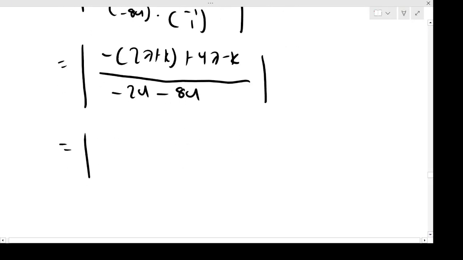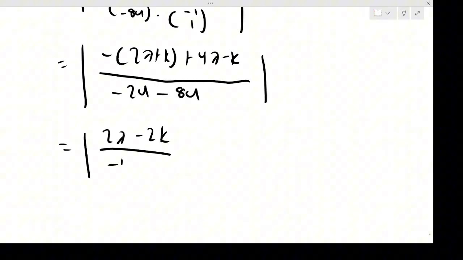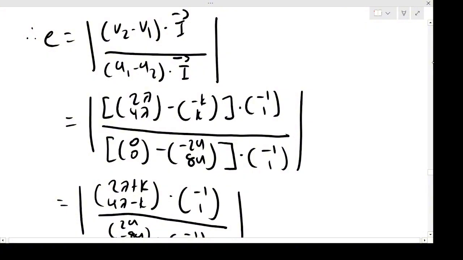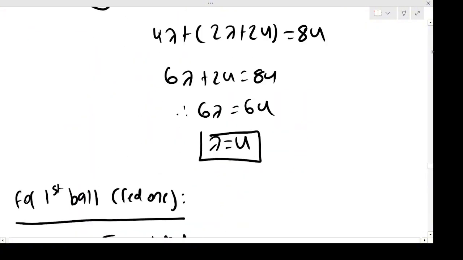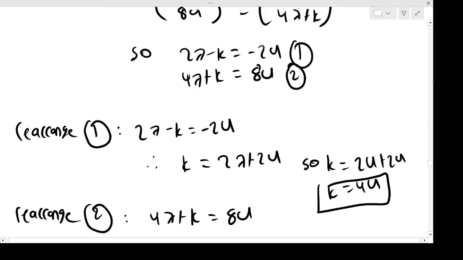So I'm going to get minus 2 lambda plus 4 lambda, which is going to be 2 lambda. Minus k plus minus k will go to minus 2k, over minus 10u. Now at that point, obviously I can sub in my expressions for k and lambda. So if you remember, lambda is u and k is 4u, so I'm going to sub those in.